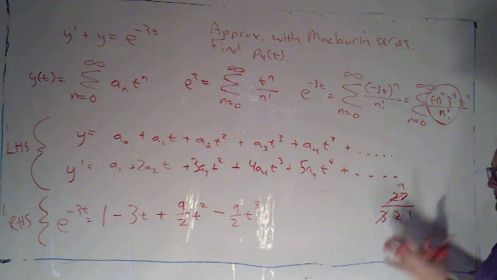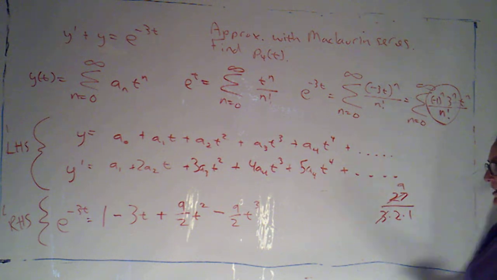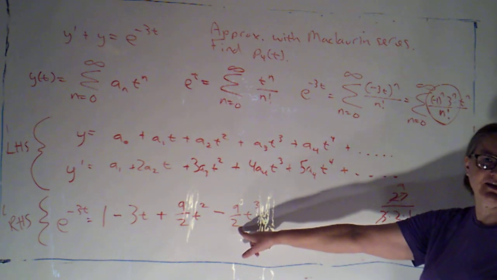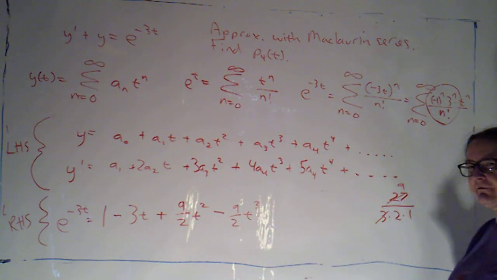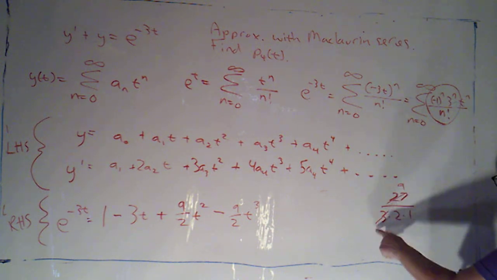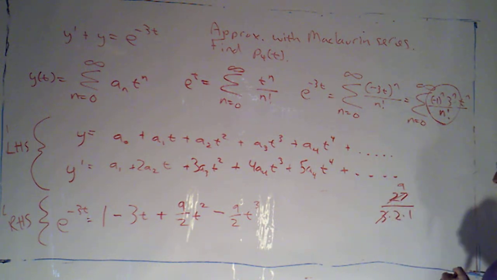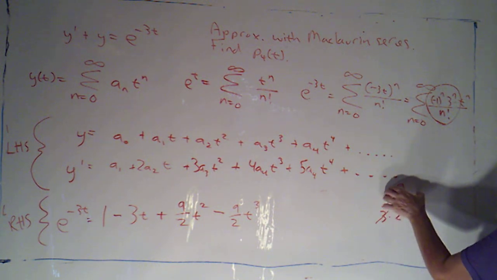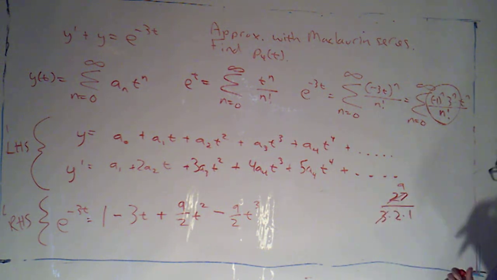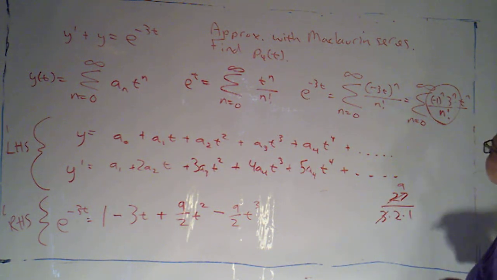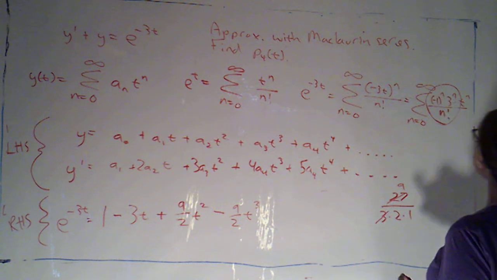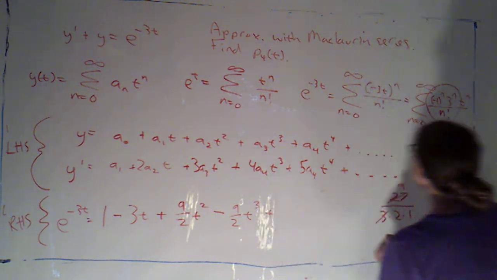When I'm finding the fourth polynomial, I want to simplify things as much as possible. If I were looking for a pattern, I probably wouldn't want to cancel those 3's, because it's a lot easier to see the pattern when I see that it was 3 cubed on top and 3 factorial on the bottom. And then when n is 4, it's going to be positive.